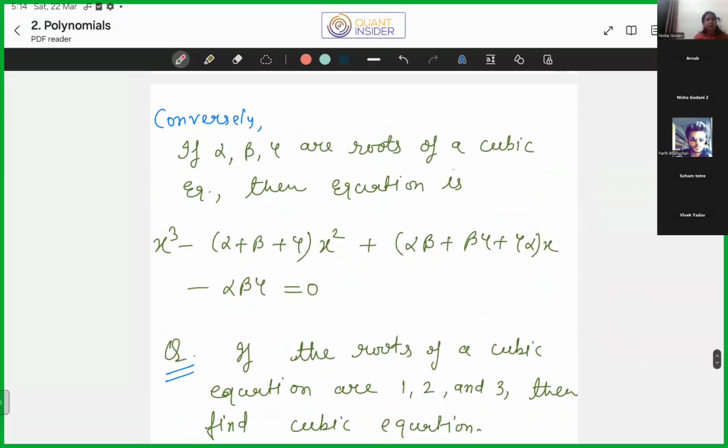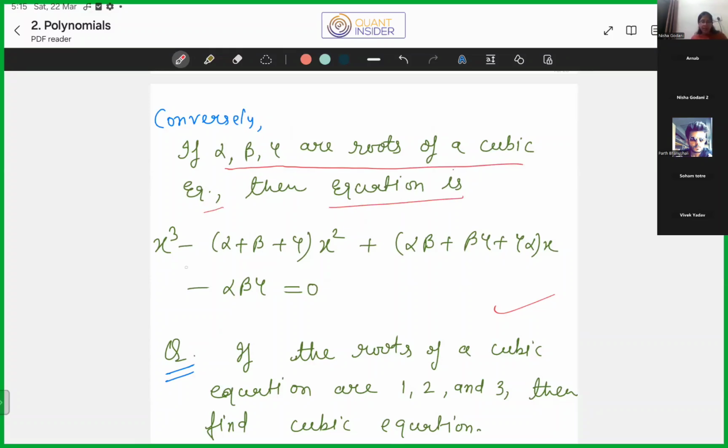As you know how to find an equation from the roots in the case of a quadratic equation, when roots are given, or the sum and product are given, then you can find the equation. Similarly, you can find it in the case of a cubic equation. If you have three roots alpha, beta, gamma of a cubic equation, then you can form the equation.